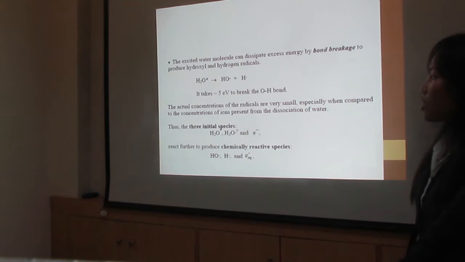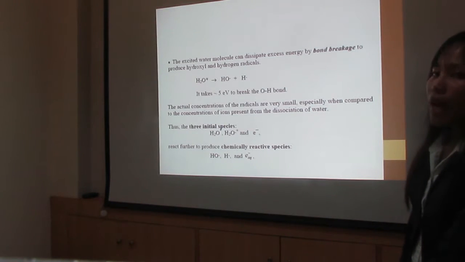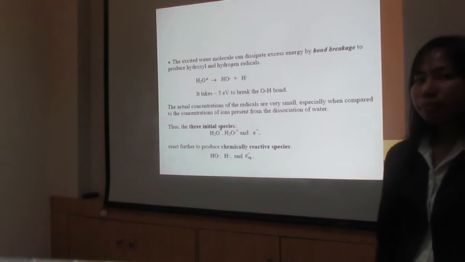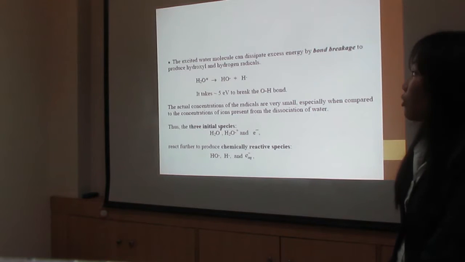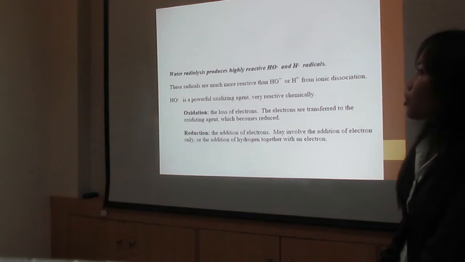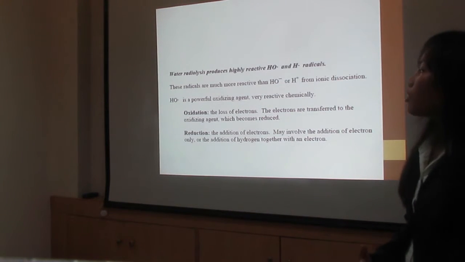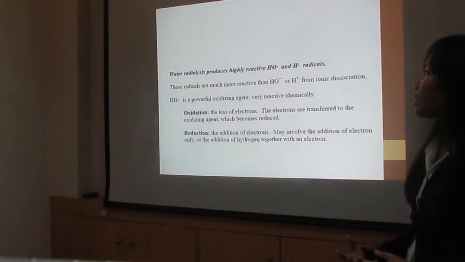Thus, the 3 initial species, the radical ion of water, water radical, and electron, react further to produce chemically reactive species: the hydroxyl radical, hydrogen radical, and aqueous electron or solvated electron. Water radiolysis produces highly reactive hydroxyl radical and hydrogen radicals.